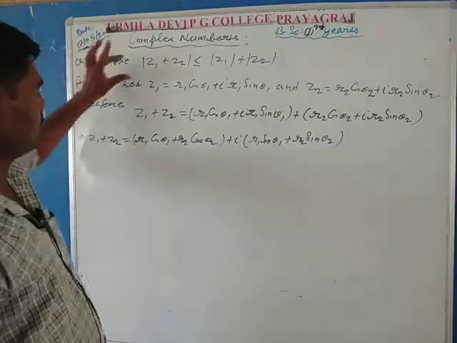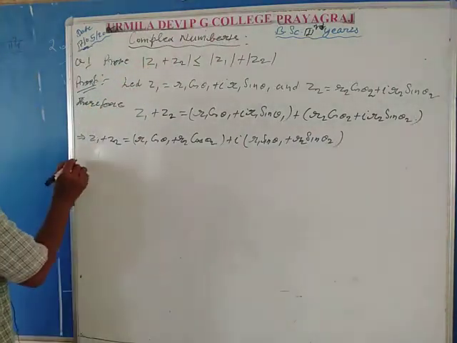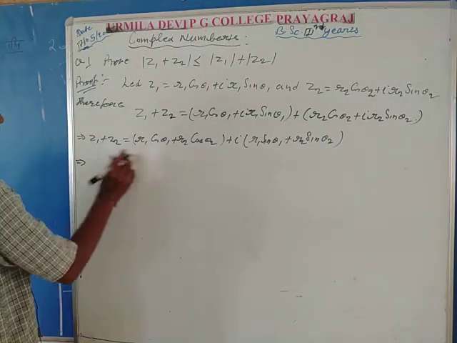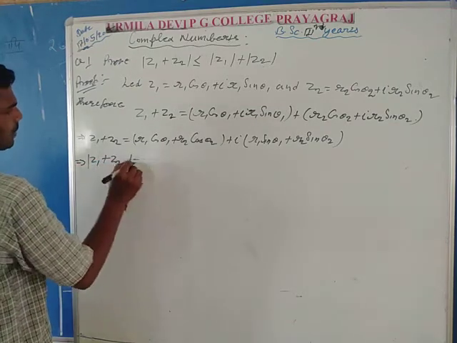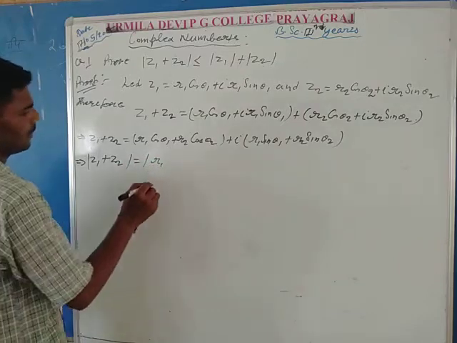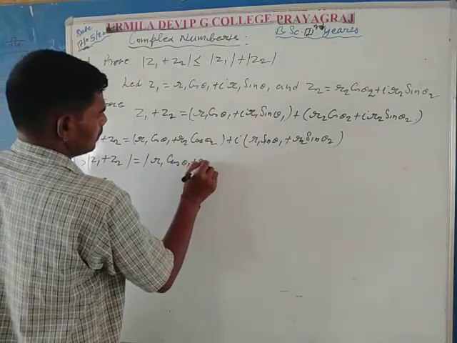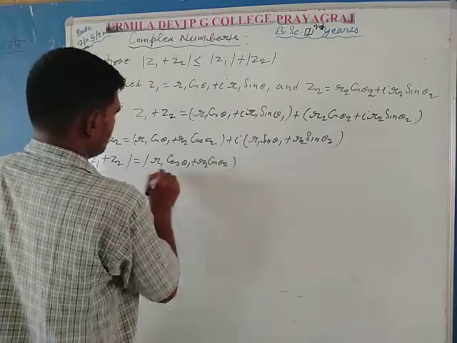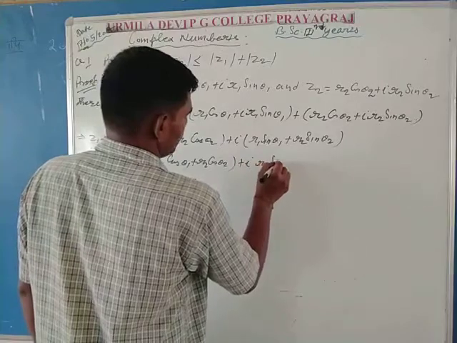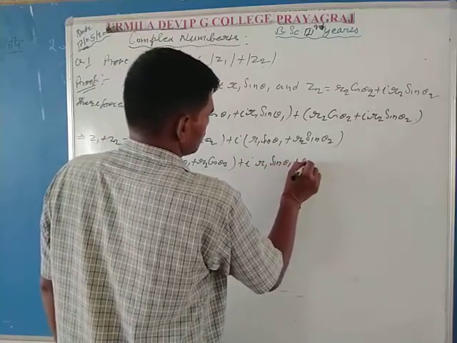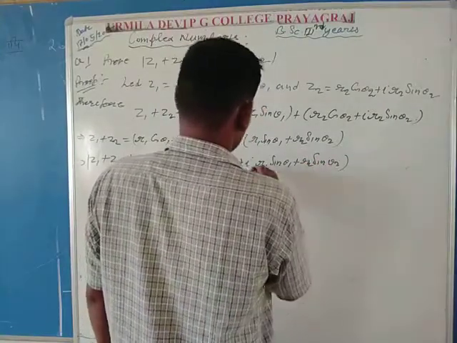Now, according to the inequality, find the modulus of this, meaning take the modulus on both sides. So mod of Z1 plus Z2 is equal to mod of R1 cos theta 1 plus R2 cos theta 2 plus I times R1 sin theta 1 plus R2 sin theta 2.